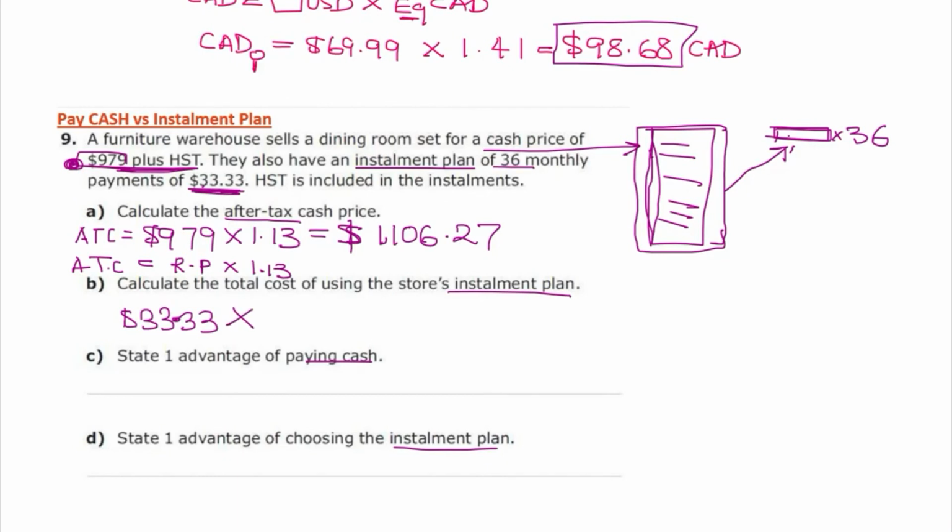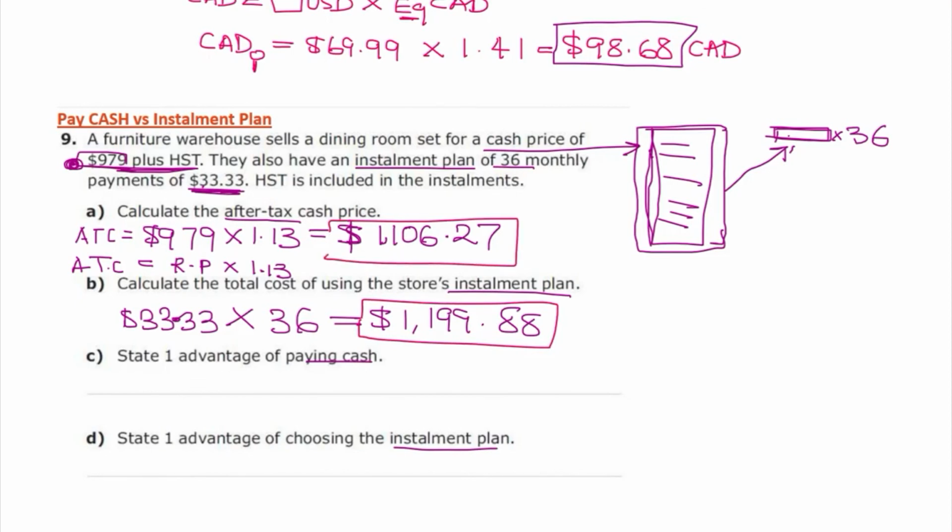So you multiply this by 36, and this will be equal to $1,199.88, which you notice is really big, greater than the cash price that you would have paid upfront if you want to avoid this installment plan.